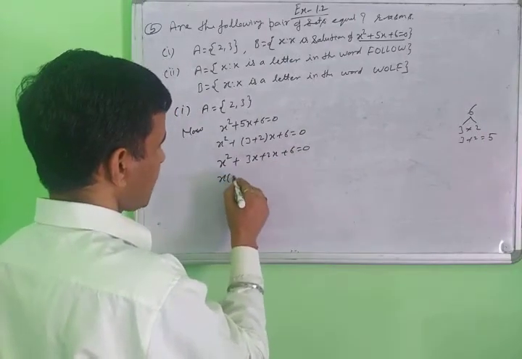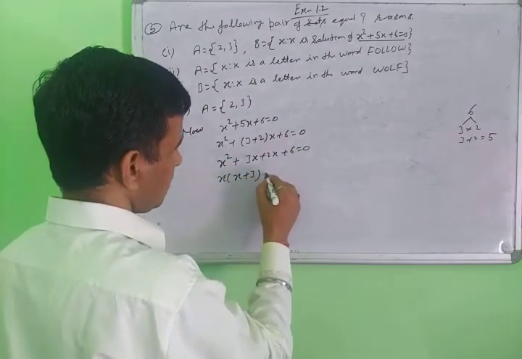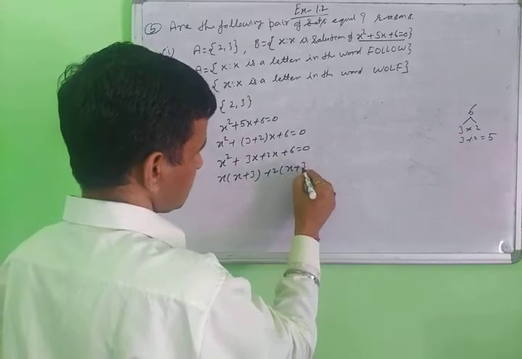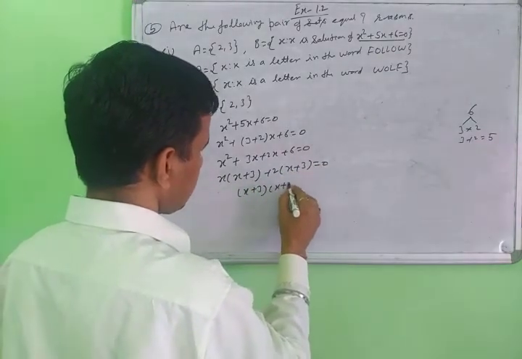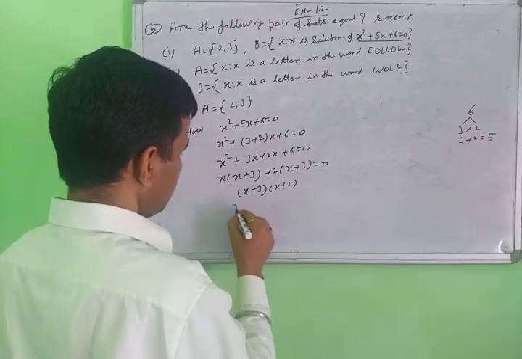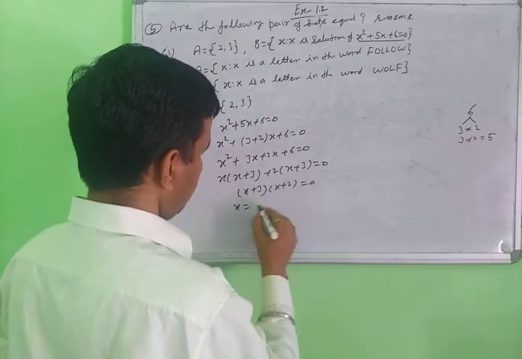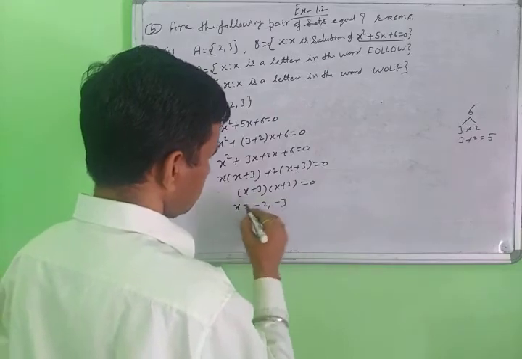Taking common x plus 3 and 2, we get x plus 3 and x plus 2. Now the value of x is minus 2 and minus 3.